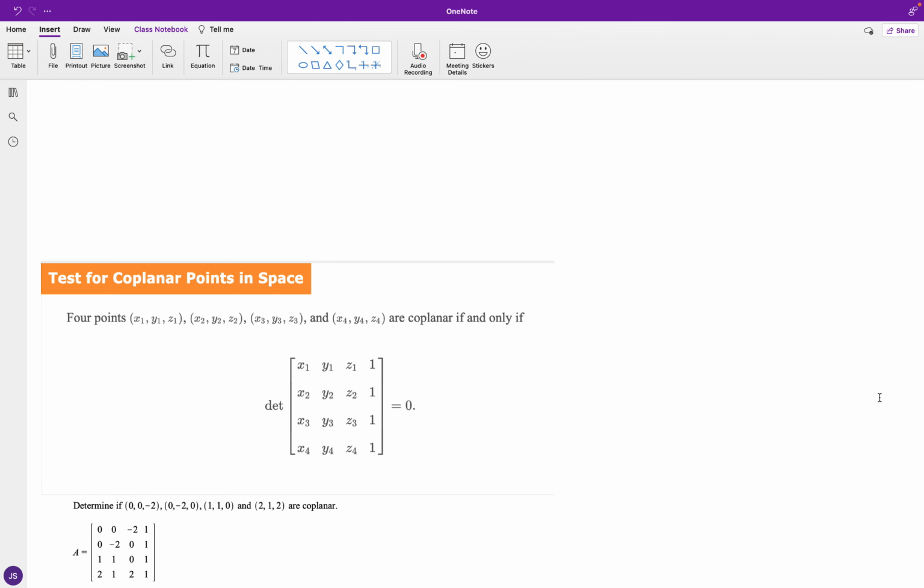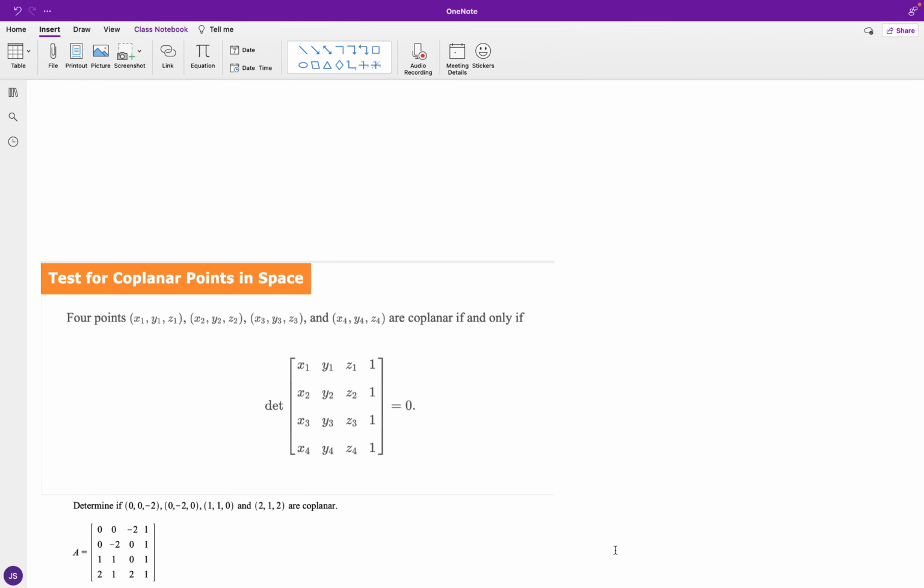For the test for coplanar points in space, four points are coplanar if and only if the determinant that includes their coordinates along with 1 as the exclusive value in the last column is equal to 0. So in the array, you have x1, y1, z1 followed by 1 at the top.